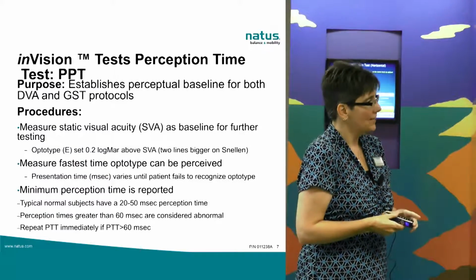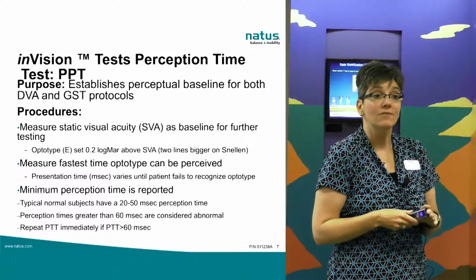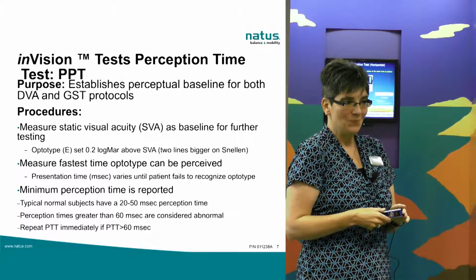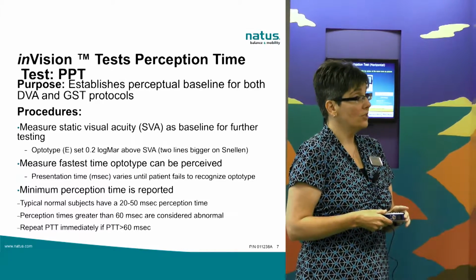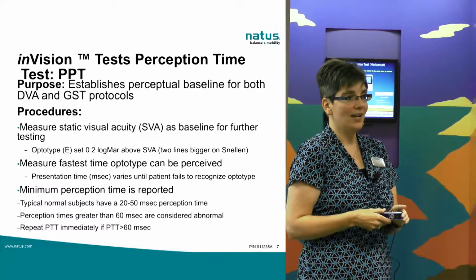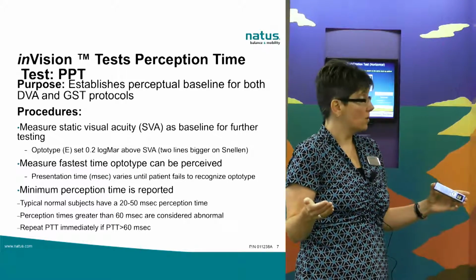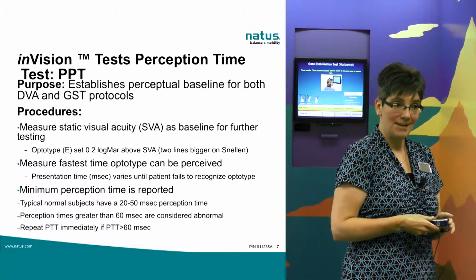The perception time test allows us to see how quickly the patient perceives a visual optotype. If the patient is normal, those scores are going to be between 20 and 50 milliseconds. If the patient scores 60 milliseconds or higher, what do we do? We don't go on to dynamic visual acuity testing. We repeat perception time.